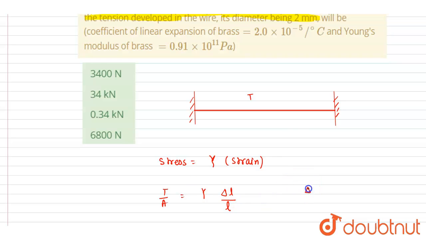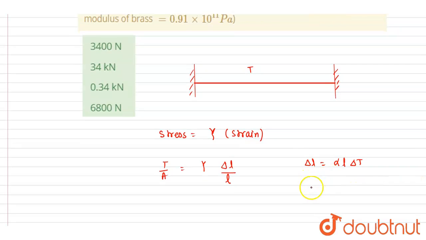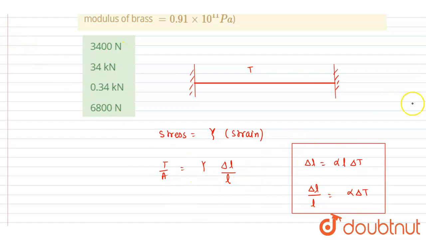Change in length you can write down: we know that if we decrease the temperature, the length will try to decrease, which will be proportional to the initial length, the change in temperature and the linear expansion coefficient. If I divide both sides by L, you will get the delta L by L value as this. You can put this value in this expression.